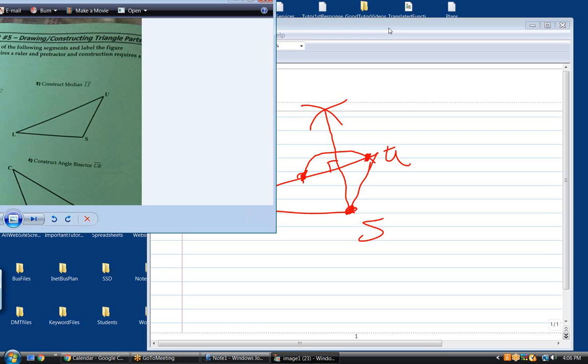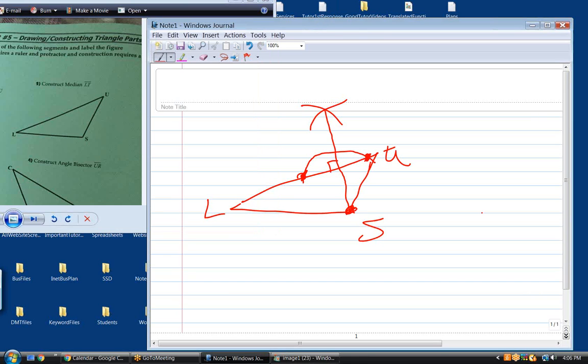A median bisects the opposite side. It's not perpendicular to it. You know what I mean? In other words, yeah, I did this wrong. I drew a line from S to there that was perpendicular. That's not what I want.